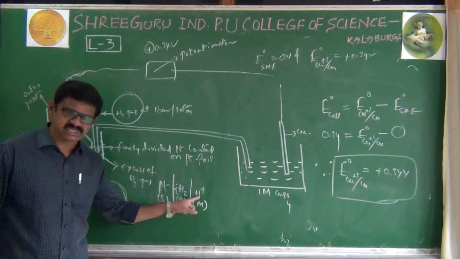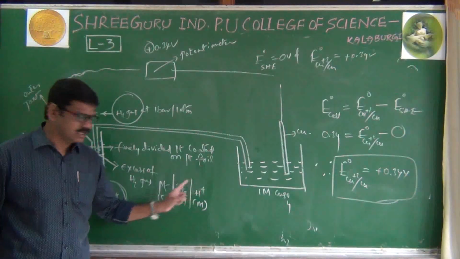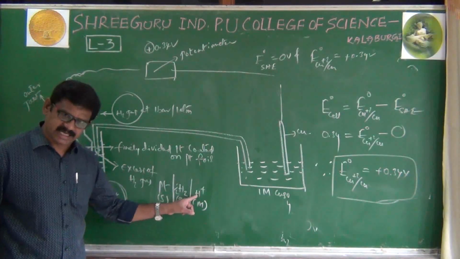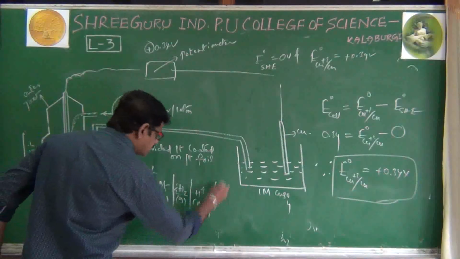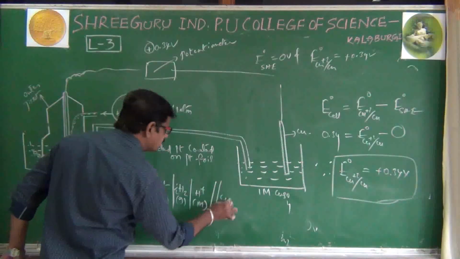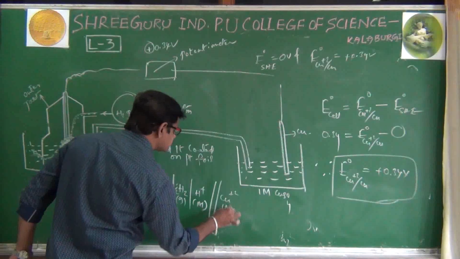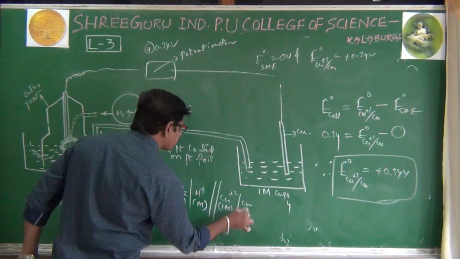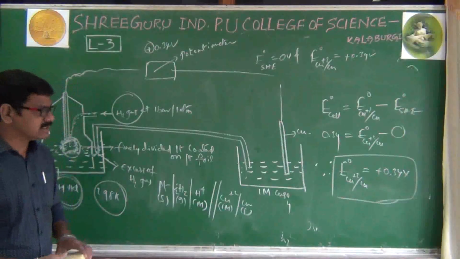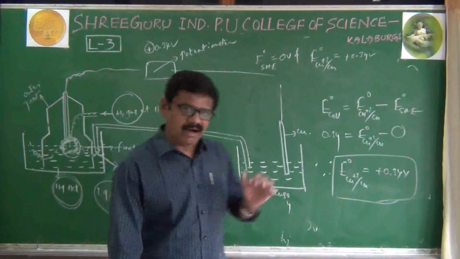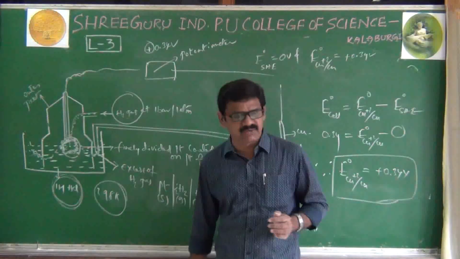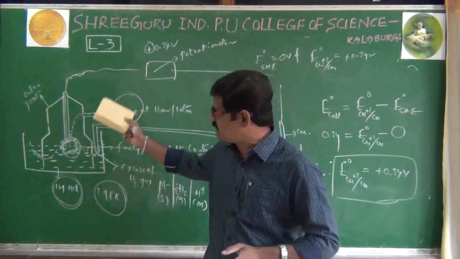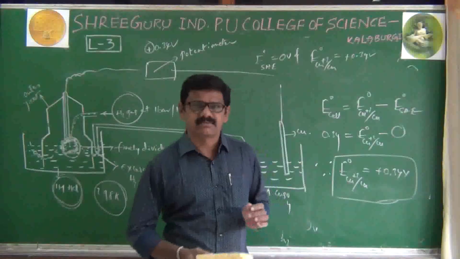It is a symbol of oxidation only: H2 has converted to H plus. Then the salt bridge, and on the right side we write Cu plus 2, whose concentration is again 1 molar, oblique Cu. That's all. Like this, whatever the electrode may be, all standard reduction potential values can be calculated with the help of SHE.